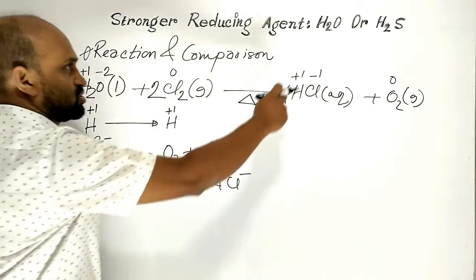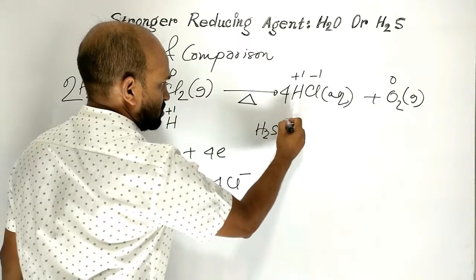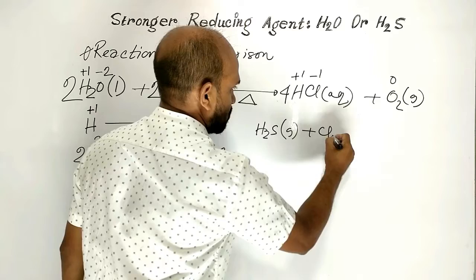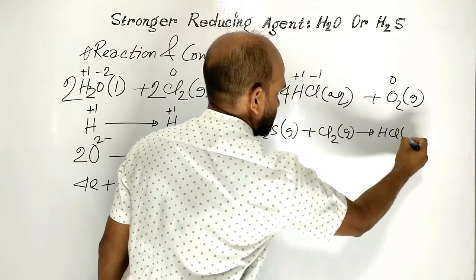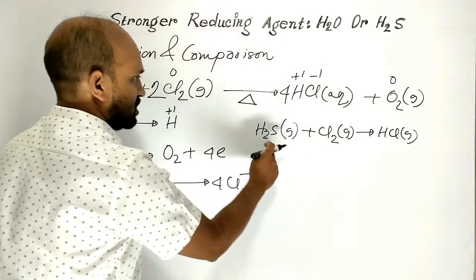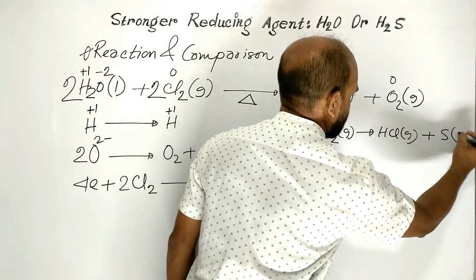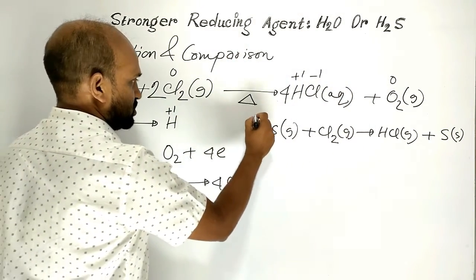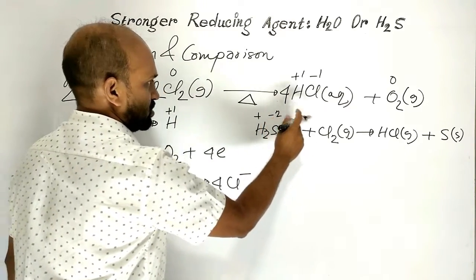Now let's see about hydrogen sulfide. Hydrogen sulfide, which is gaseous at normal condition, chlorine gaseous. This is gas because here no water present, and sulfur, which is solid. Oxidation number of hydrogen is +1, sulfur is -2.